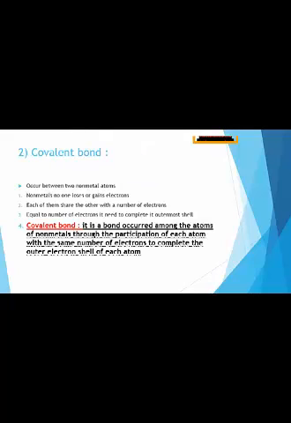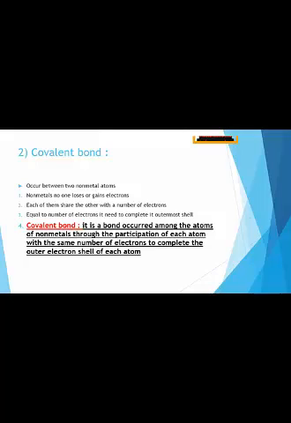The second type of chemical bond is the covalent bond. It happens between two nonmetal atoms. In this case, no one loses or gains electrons. So what will happen? Each atom will share a specific number of electrons, equal to the number of electrons it needs to complete the outermost energy level.